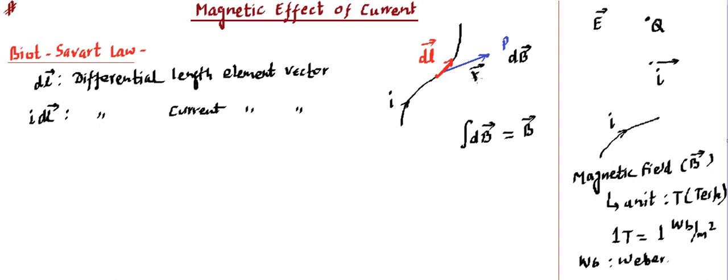Okay, let's proceed further and try to write what the Biot-Savart law is. Biot-Savart law simply says the magnetic field dB is given by the following expression. Let me write this dB as per the Biot-Savart law.